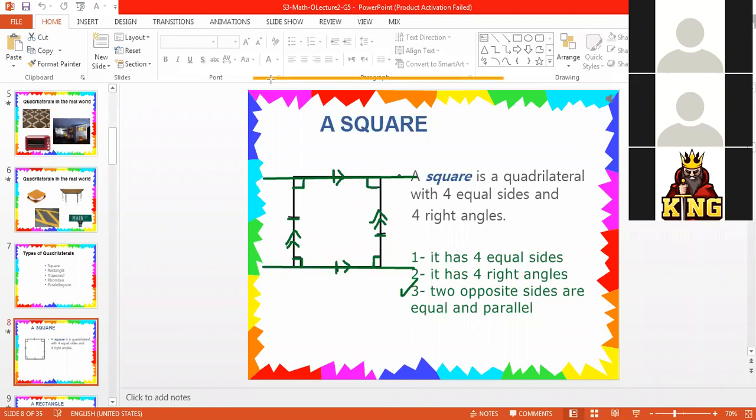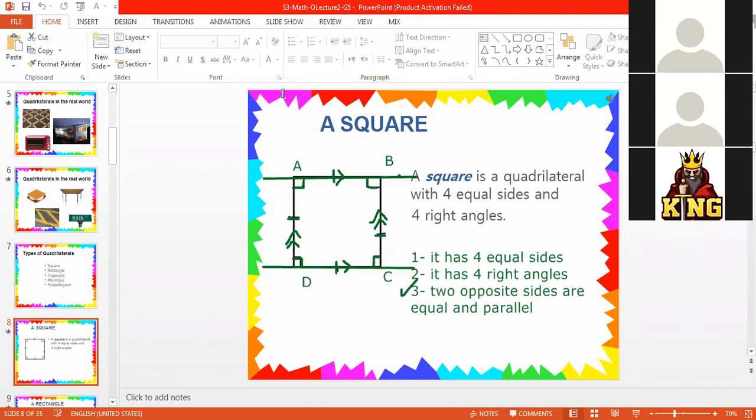Just one more thing before I continue. If I want to name the square, suppose that this is A, we name it clockwise, as the clock moves.